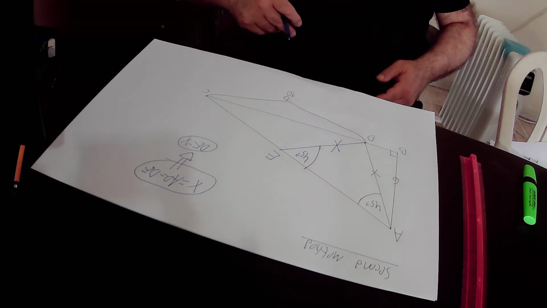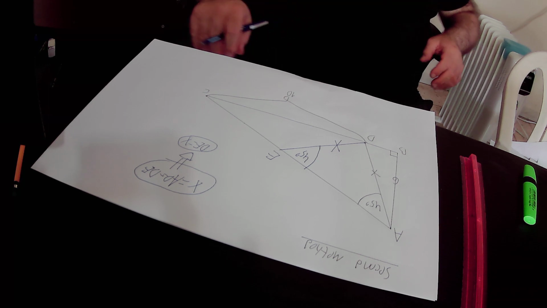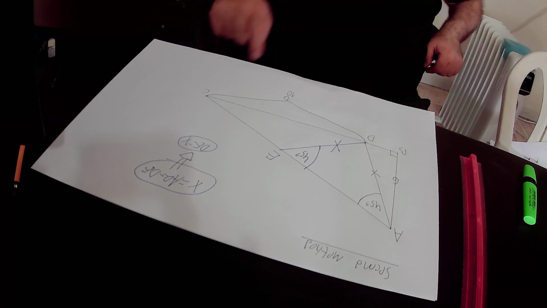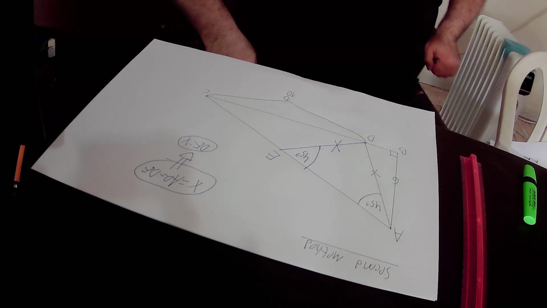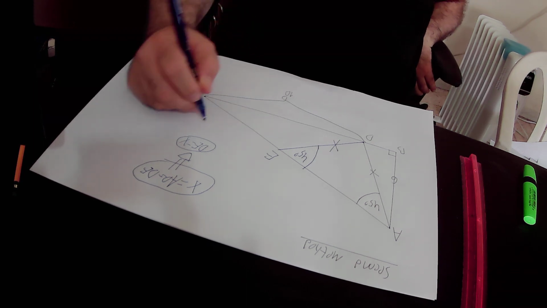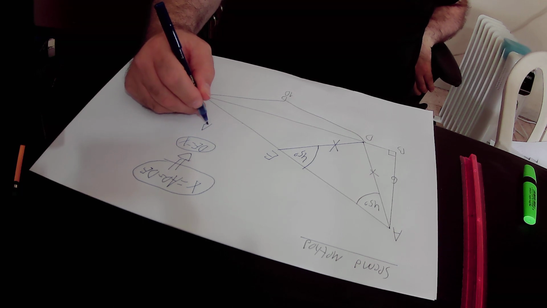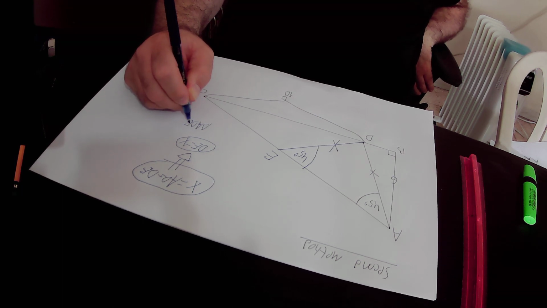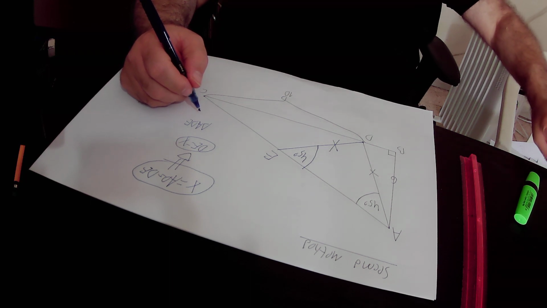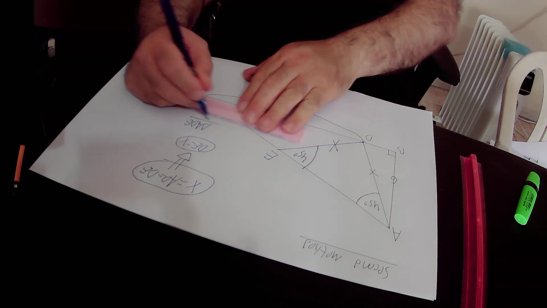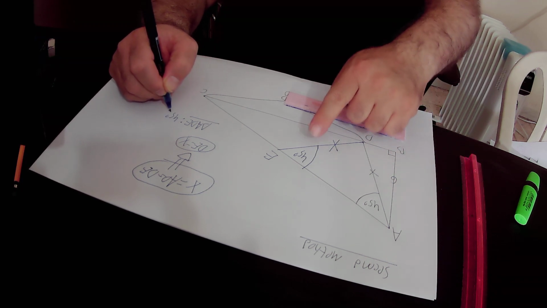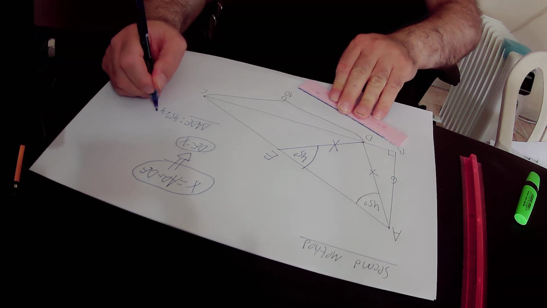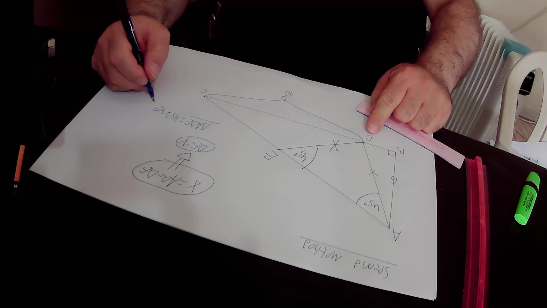We also know that the sum of the angles in any triangle is equal to 180 degrees, and especially in triangle ADE, the sum of the angles must be equal to 180 degrees. Which angles do we have in triangle ADE? This angle is equal to 45 degrees, and this angle is also equal to 45 degrees, plus the missing angle, that is angle ADE.